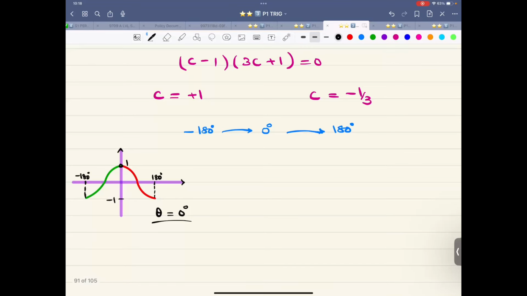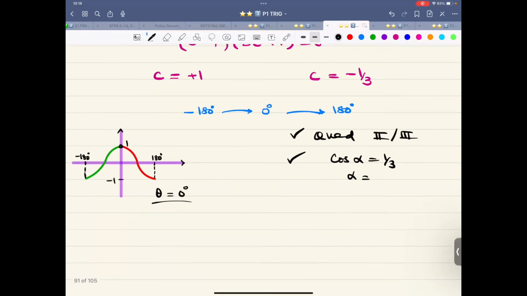Cos is negative 1/3. Now, in which quadrants is cos negative? That means it's in the second and the third quadrant. Basic angle: cosine alpha is 1/3. Let me get this value of the basic angle. On the calculator: 1 divided by 3, shift cos inverse.